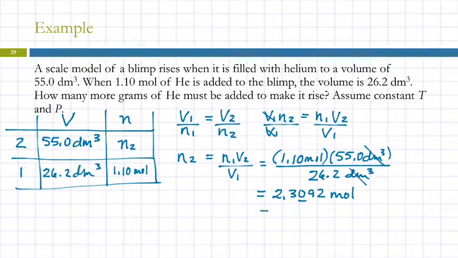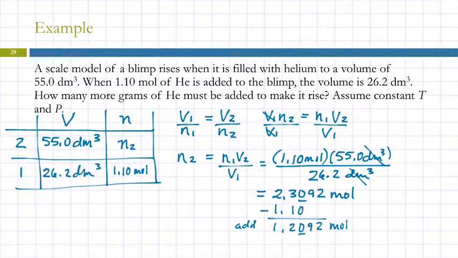So if I subtract 1.10, I'm going to get 1.2092 moles. That's how many I should add. You see that? And this is the sort of thinking that you have to be able to do on an exam. You're not going to see a problem exactly like this, but you might see one that's going to make you think in the same way.